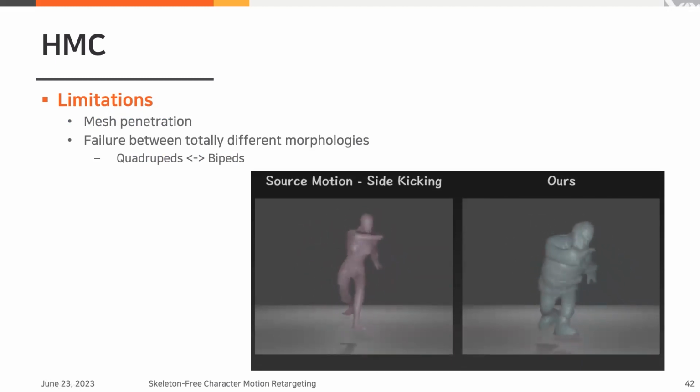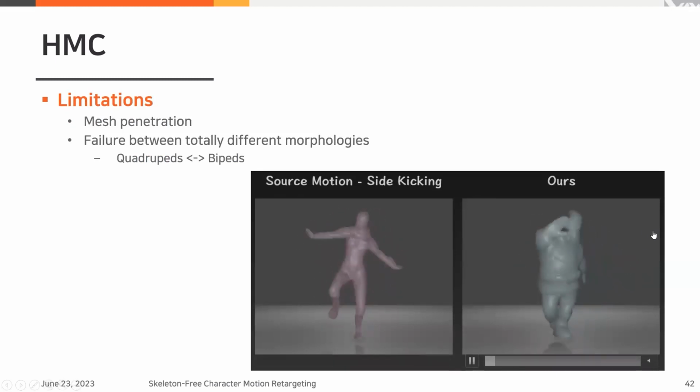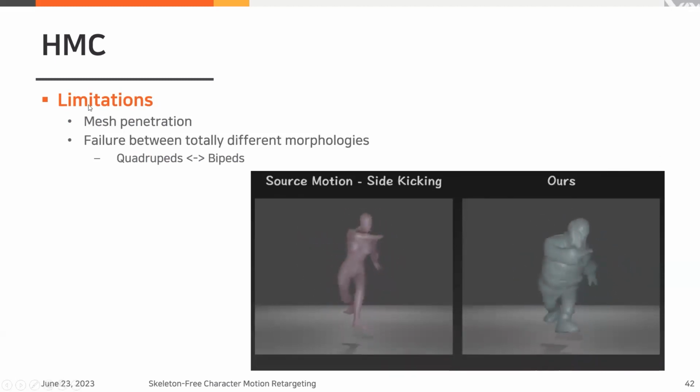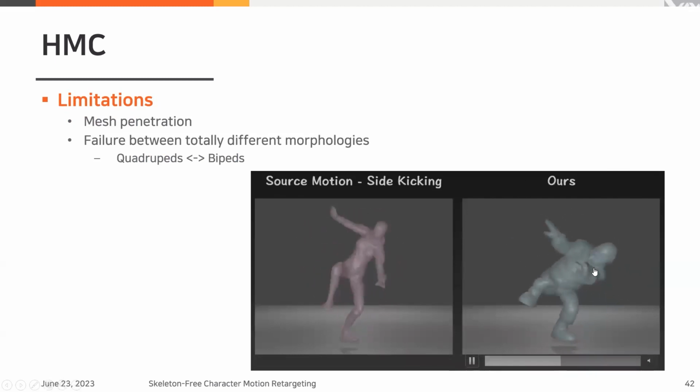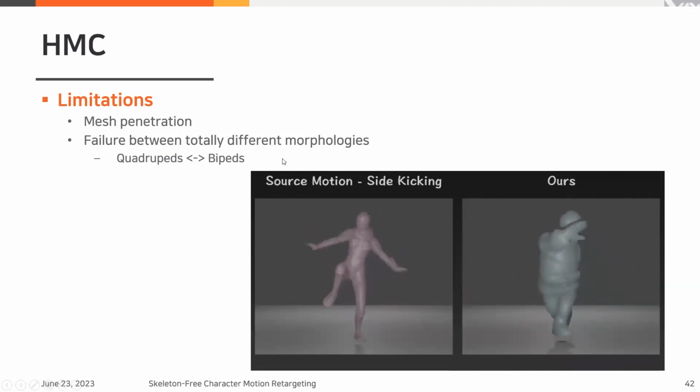As I remember, their input is the pose, not the motion sequence, so they can deal with motion retargeting better than the previous method. But as you can see in the video, there is mesh penetration, like the arms are penetrated into the body, and they said they cannot handle totally different morphologies, like from quadruped to biped.